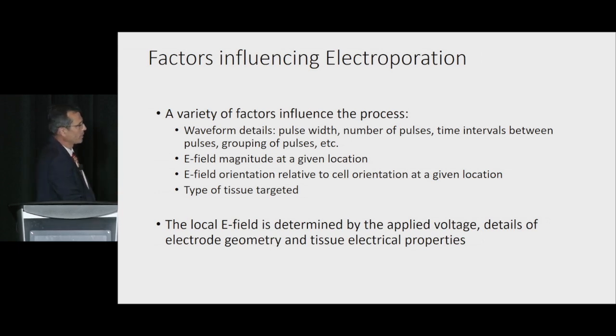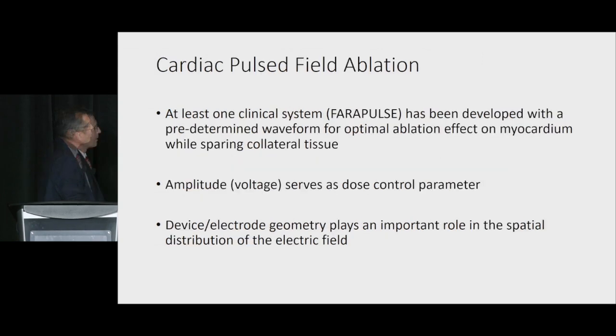But this would be a problem for epicardial deliveries. It is not for endocardial deliveries. But it just means that in addition to the work that has been done on the generator, there is also some work to be done on the catheter, because the electrogeometry is an important predictor for the electric field.